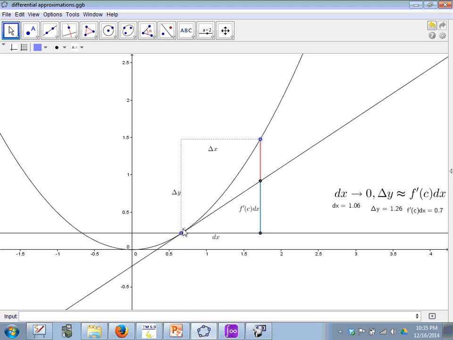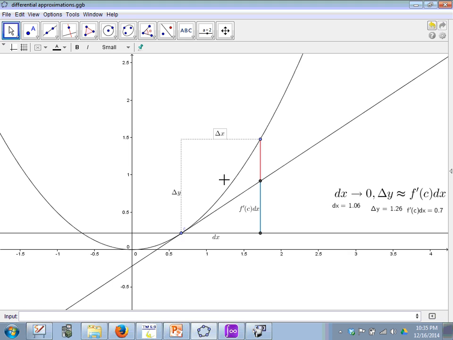So if we calculated f of c and then calculated the function value at this point and took the difference, what would the difference be, or delta y? Depending on the complexity of the functions, that sometimes proves to be a little difficult. Finding delta x isn't that hard.